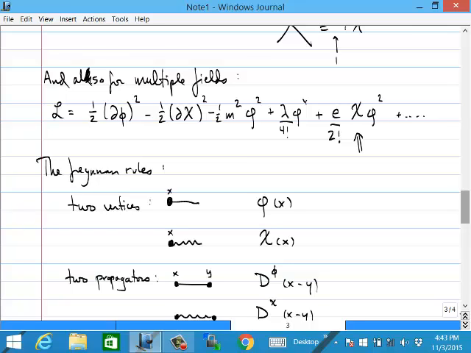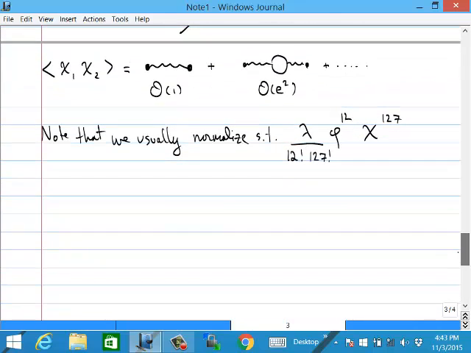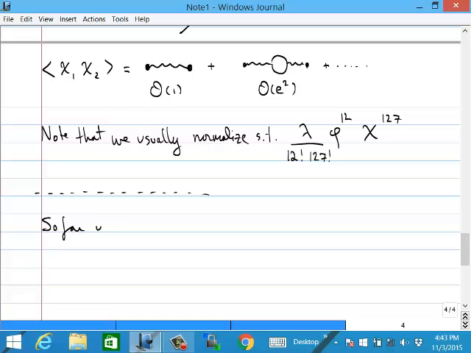So what I'd like to do now is spend a little bit of time thinking more generally about the structure of the Feynman diagram expansion. In particular, so far what we've done is we've included not just connected diagrams, but also disconnected diagrams.